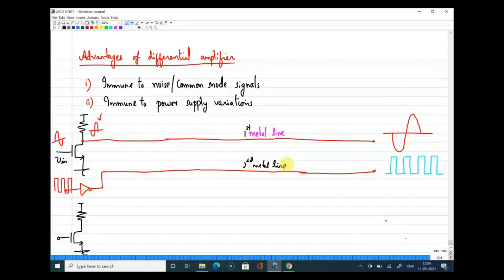Now these two metal lines are inside an IC, and what you can assume between the metal lines is a substrate. The substrate is not a conductor as such, while the metal lines are actually conducting. So there are two metal lines carrying signals, and in between, it looks like an insulator. So we can think of numerous capacitors in between.